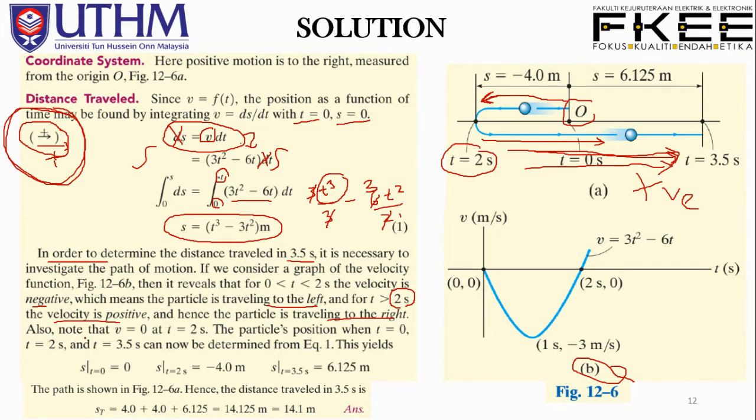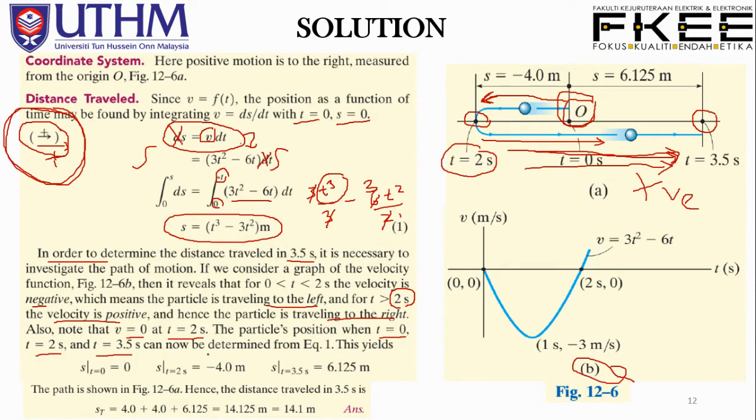So also note that v equal to 0 at t equal to 2 seconds. Okay, the particle's position when t equal to 0, t equal to 2 seconds, and t equal to 3.5 seconds. So there are three situations where t equal to 0, t equal to 2 seconds, and t equal to 3.5 seconds.